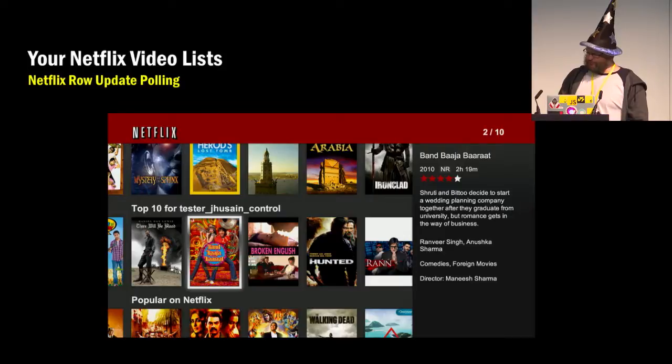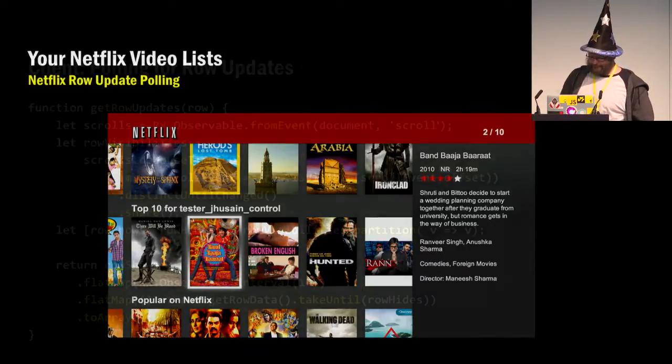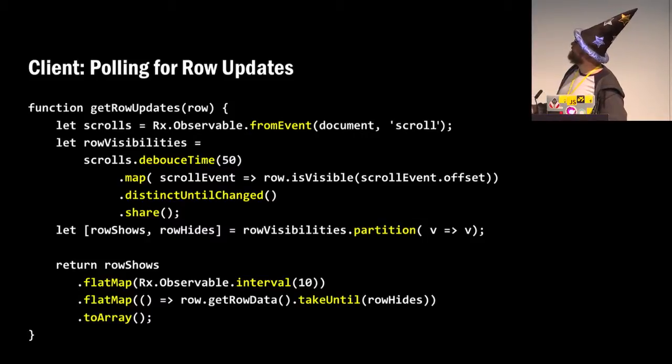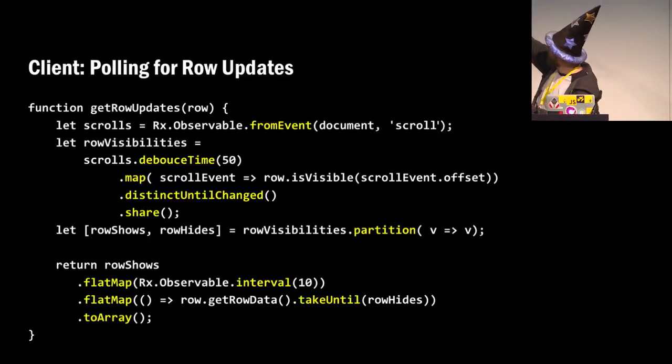And even for really hard problems, such as Netflix polling, so when you're trying to keep only what you want in view, how do you do that? Well, there's code to do exactly that. And given this is a 20-minute talk, I can't walk you through all of it, but what I really want to show you is that row down here at the bottom is row.getData.takeUntil row hides.